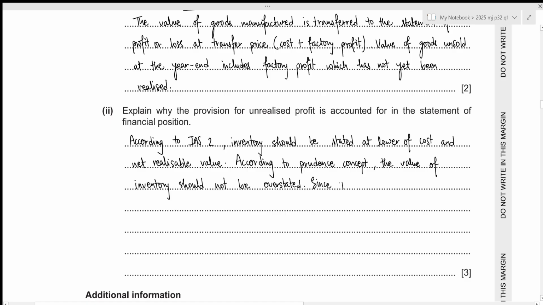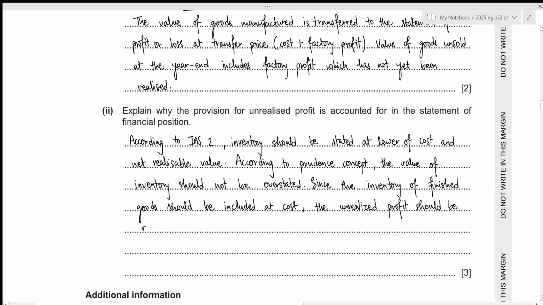Since the inventory of finished goods should be included at cost, the unrealized profit should be removed from the transfer price. Alright, that is all for the third part. Let's move towards the next one.